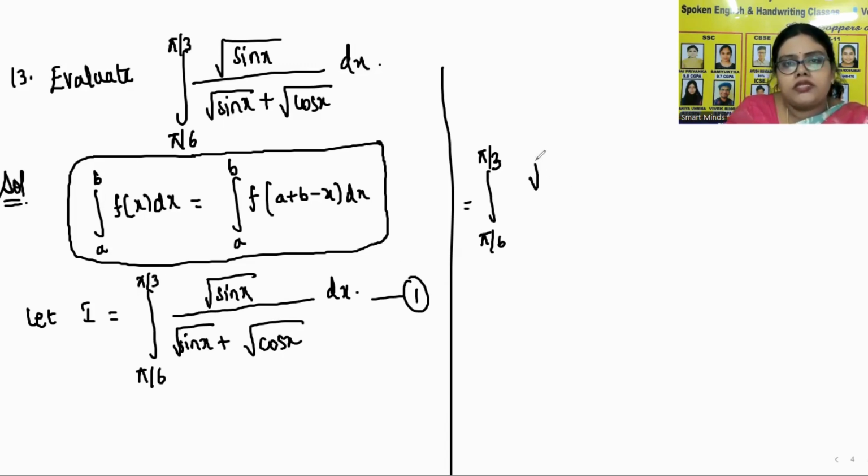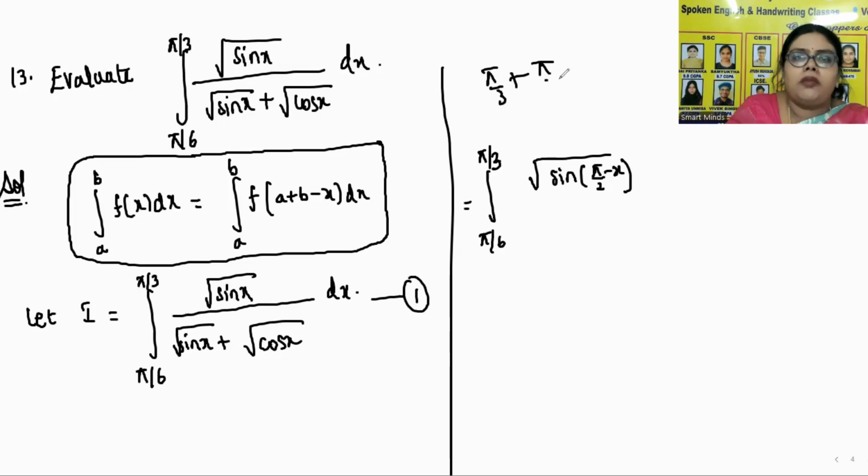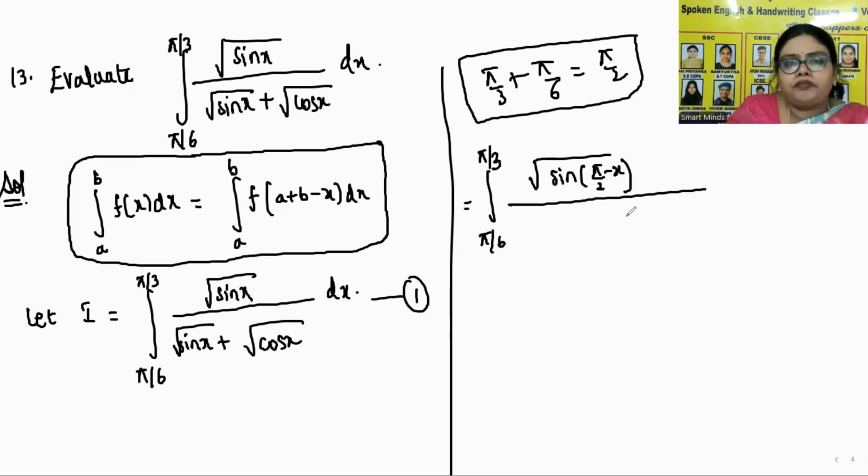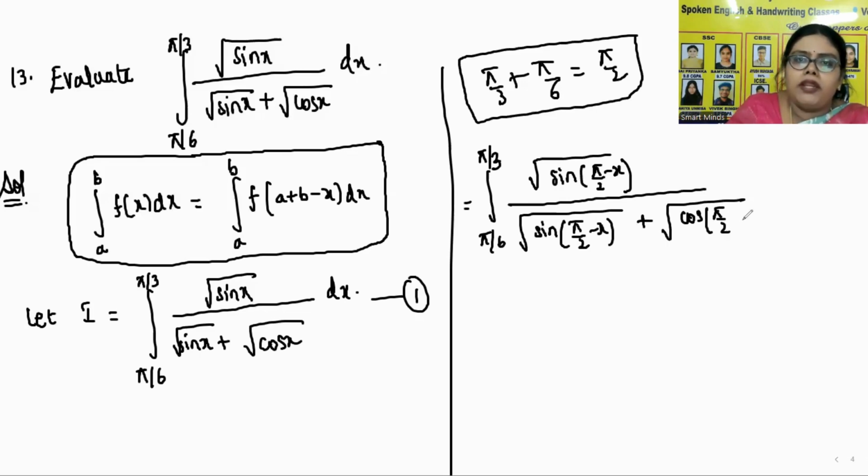Okay. So the same way like how we have done in the last problem, we will proceed. Now wherever you have x, we write pi by 2 minus x because pi by 3 plus pi by 6 makes pi by 2. So root over sine of pi by 2 minus x plus root over cos of pi by 2 minus x.